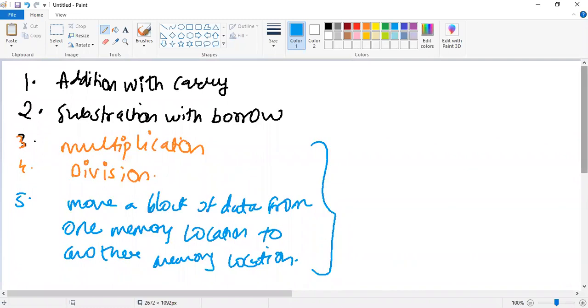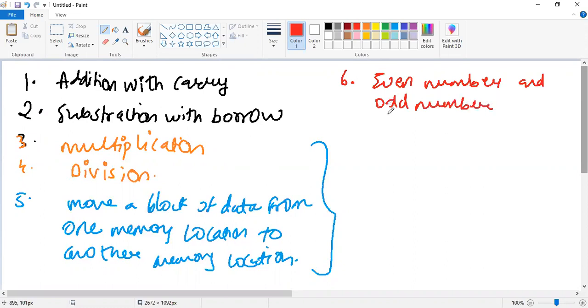Apart from this, there will be one more which is to come: even number and odd number. Means you have to check, they will give like 5 to 6 numbers, and you have to check how many even numbers and how many odd numbers are there.